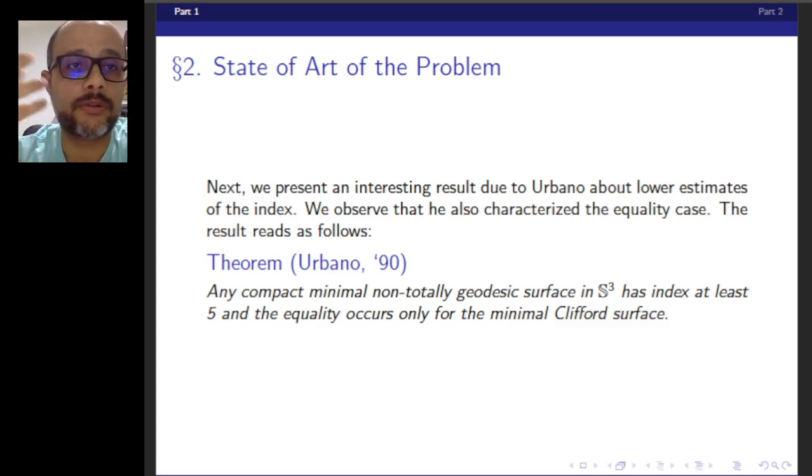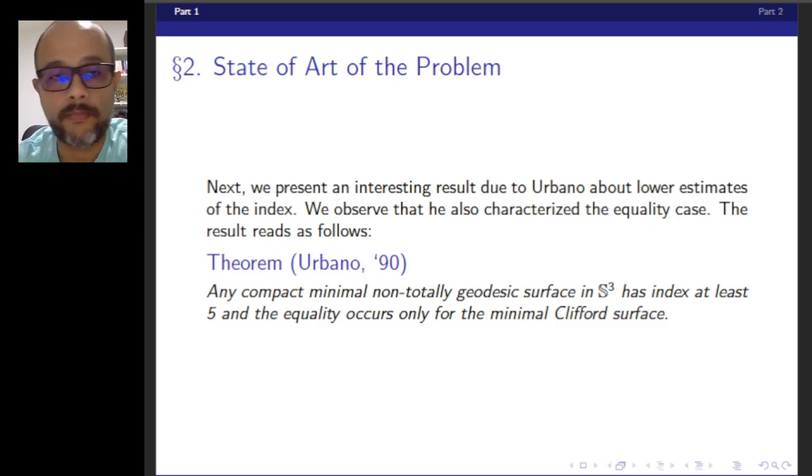There is a conjecture that says that the only hypersurfaces with index n plus 3 are the minimal Clifford hypersurfaces. But this is an open problem yet.